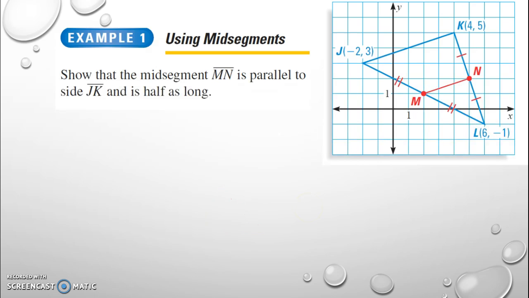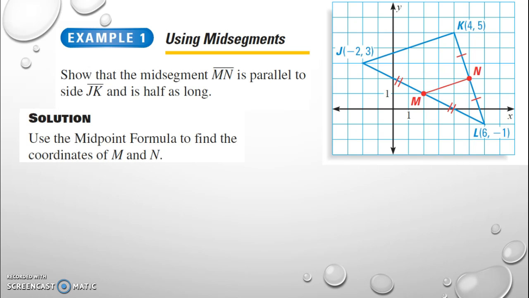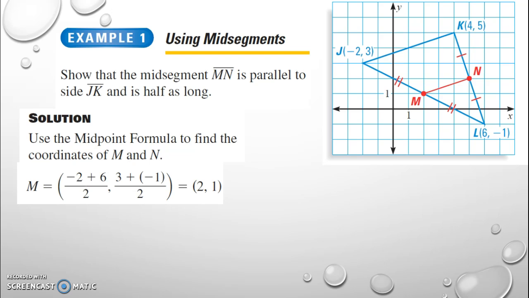So for the first example, we want to show, number one, that the two segments are parallel, and we want to show that the mid-segment is also half the length of the base. So for starters, we need to find the coordinates of M and N. Remember from one of the first sections we did, to find the midpoint, we're just going to take the average of the x values and the y's.